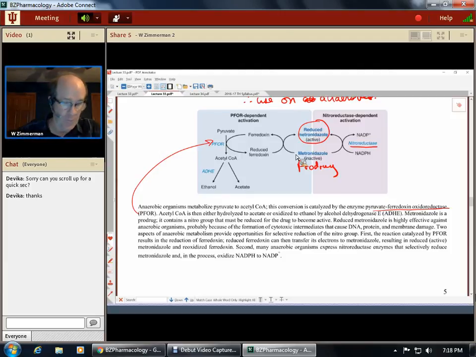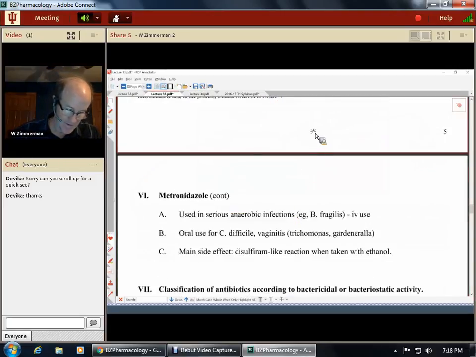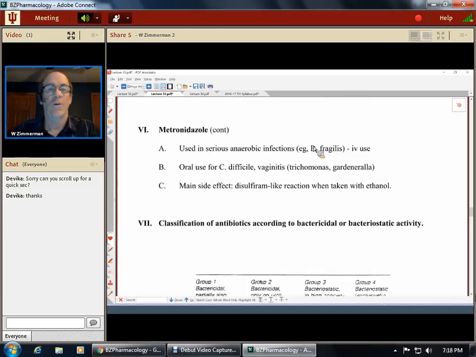This active form, the reduced metronidazole, leads to formation of cytotoxic intermediates that cause DNA, protein, and membrane damage. So, binding DNA is one of the prominent things it does. It leads to cell death. So, when do we use metronidazole?